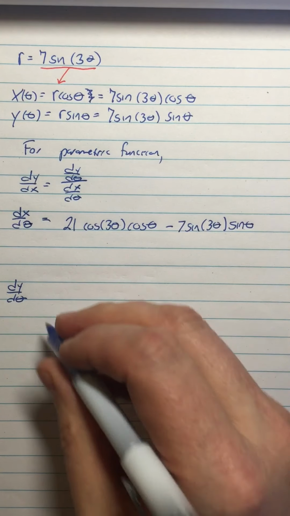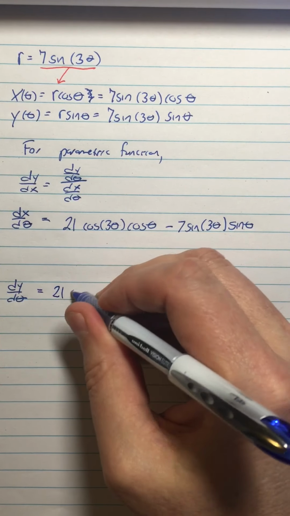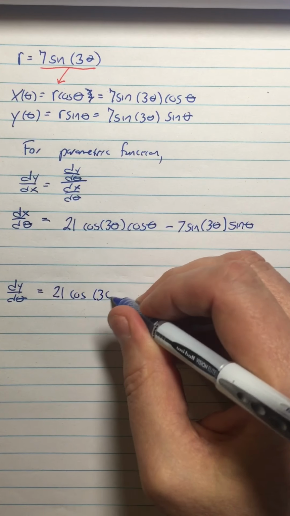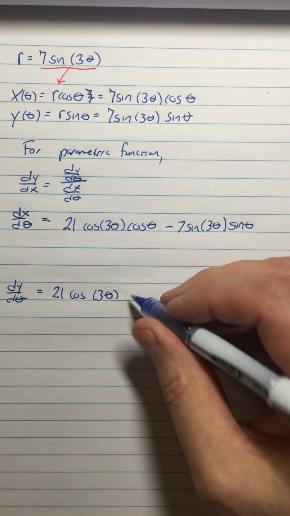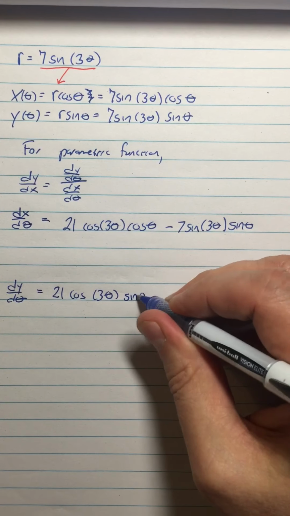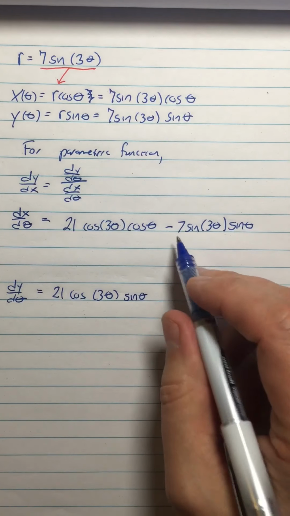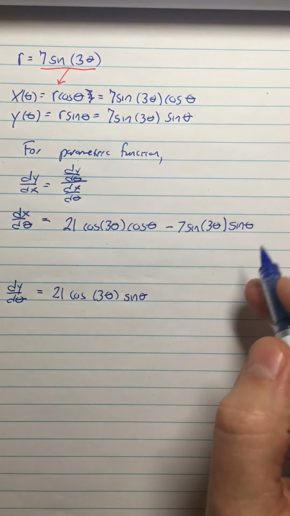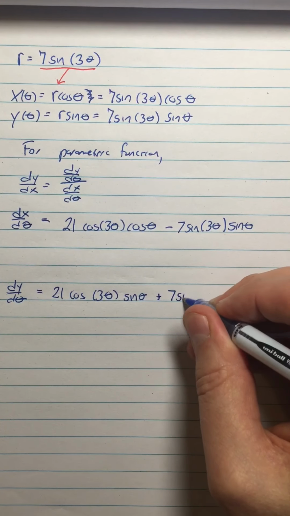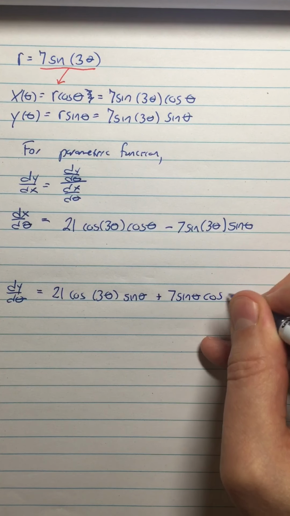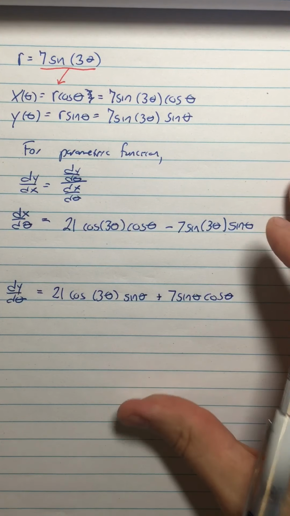And then my dy d theta, I got 21 cosine of 3 theta. So the 21 is from the chain rule, 7 times 3, right? Sine theta, and we're using f prime g plus fg prime. This one turned out to be plus 7 sine 3 theta cosine theta, because the derivative of sine is cosine. And there you go. Those are my derivatives.